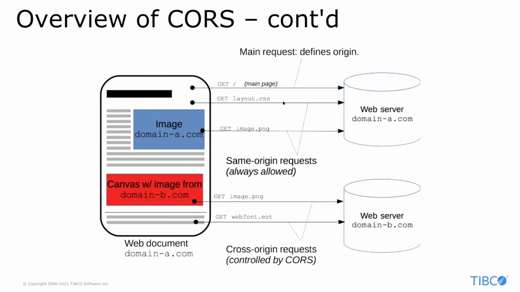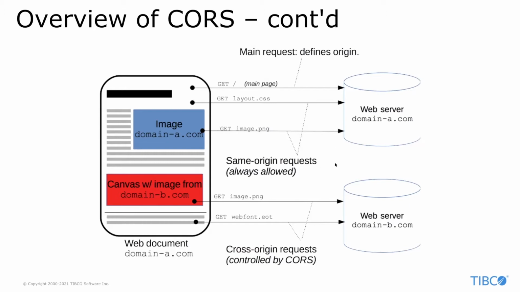And then in that page, there's some other resource that needs to be loaded from a different domain, so domain B. And this shows you a workflow. So the first part, same origin, requests are always allowed. It's just the standard one, the basic one. And obviously the second part is the cross-origin request, and those are controlled by CORS.